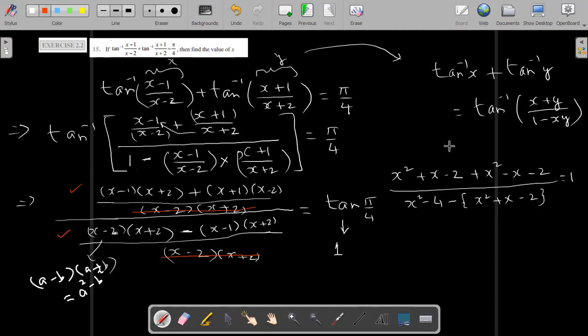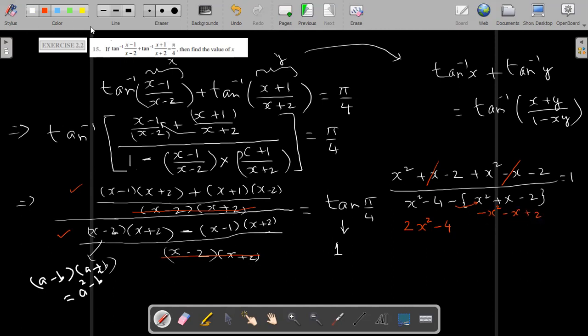So here you can see that plus x minus x will cancel. So we get x square plus x square, 2x square minus 4. And in the denominator, when you multiply this minus inside, this will become minus x square minus x and plus 2.